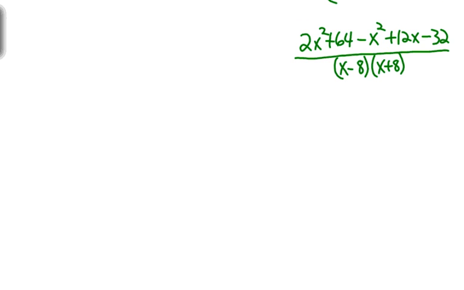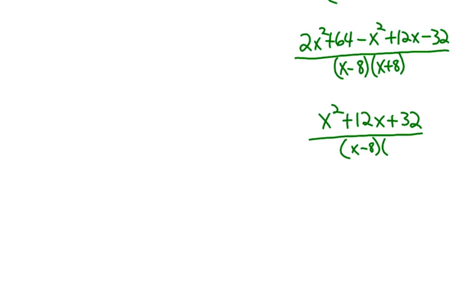Simplify. Yeah, we get x squared plus 12x plus 32 all over x minus 8 times x plus 8.